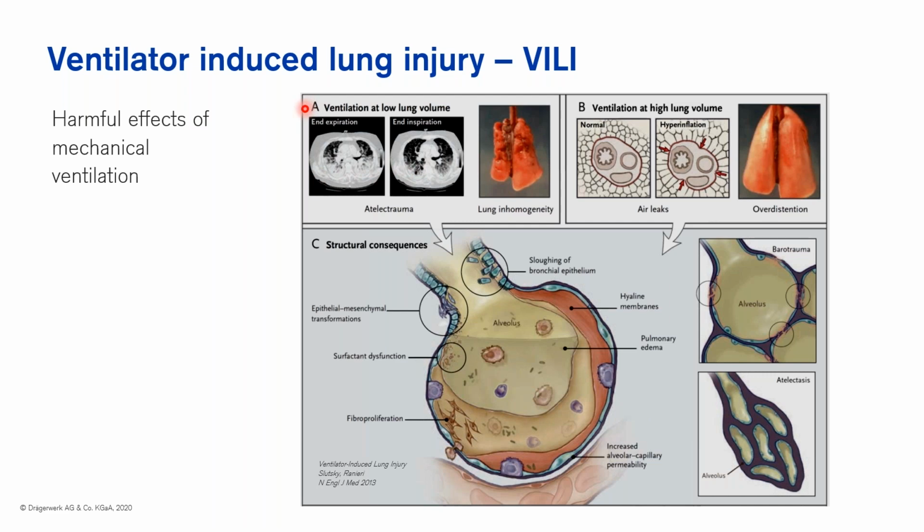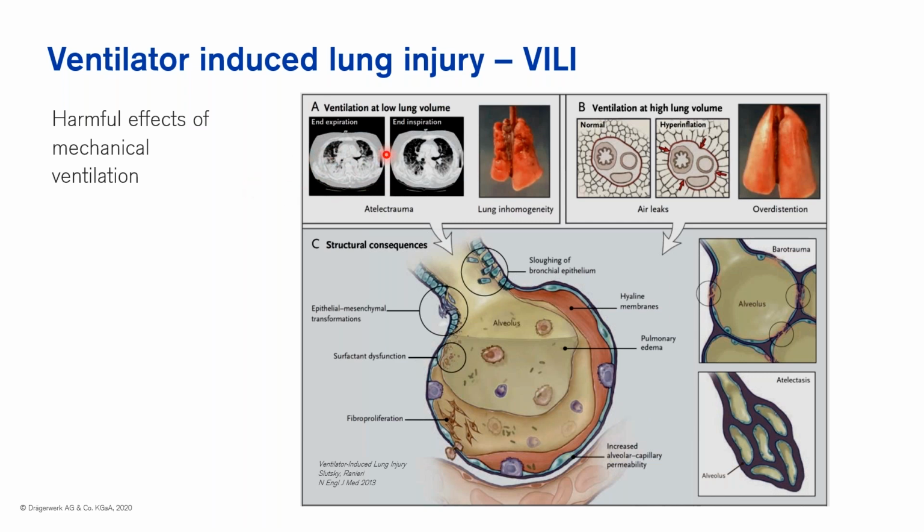So they started with ventilation at low lung volume. They opted for low tidal volumes. And we see that at the end of inspiration, the majority of the lung was aerated. But at the end of expiration, we noticed that almost 50% of the lung was consolidated.